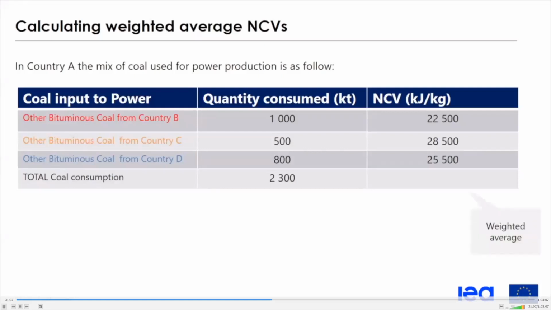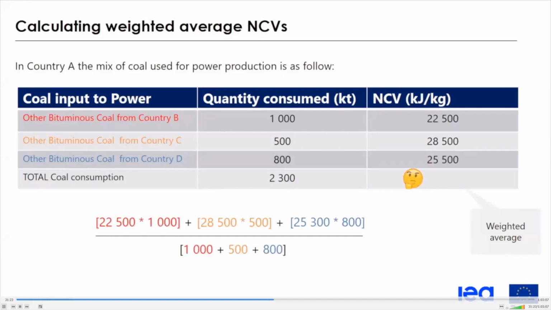If we do the calculation of the weighted average, as a reminder, you multiply the calorific value by the respective quantity consumed, you sum those elements and divide them by the total quantity consumed, and you obtain the average net calorific value that will be used for your total coal consumption reported in your energy statistics. This can apply, of course, to any other energy commodity that you will be using in your datasets.